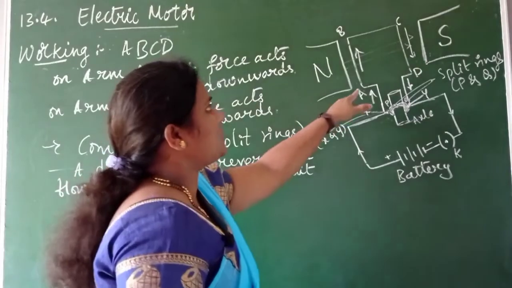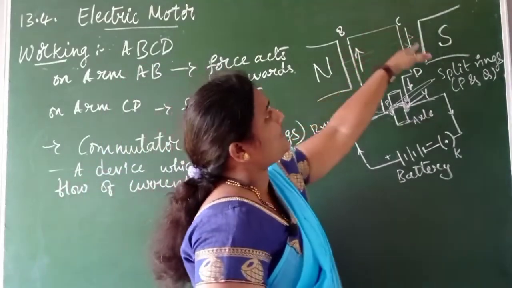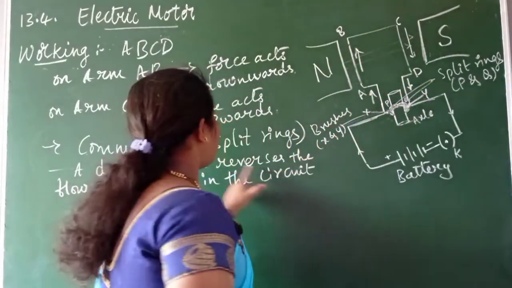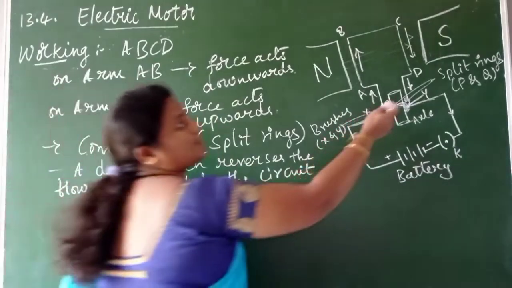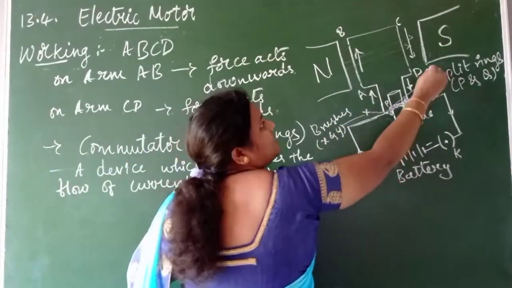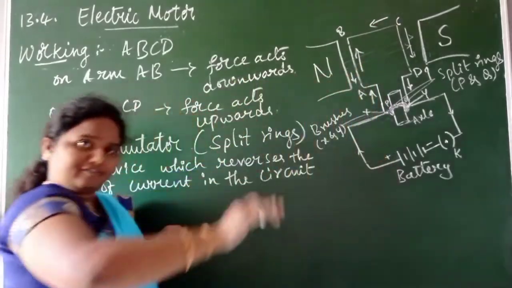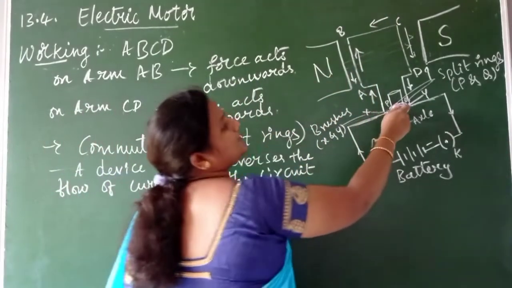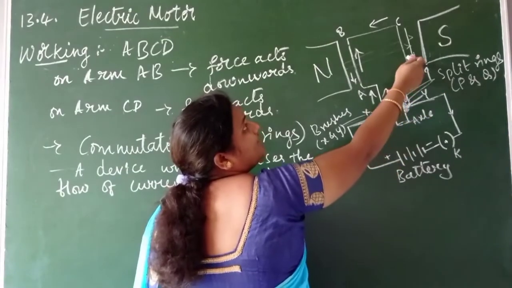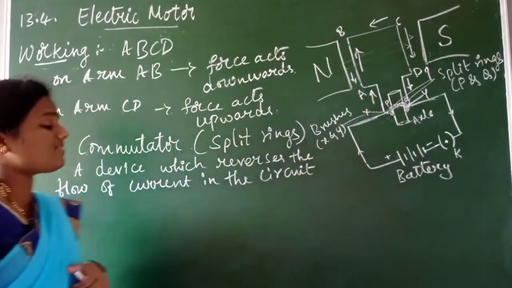Initially the current is flowing in the A, B, C, D direction. Now because of the commutator, that is split rings, the current starts moving in this way, children. After half rotation, due to these split rings, the commutator will reverse the direction of flow of current.